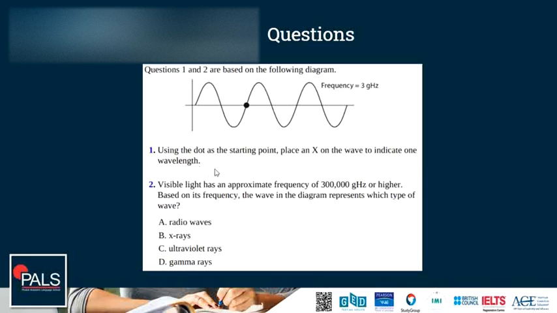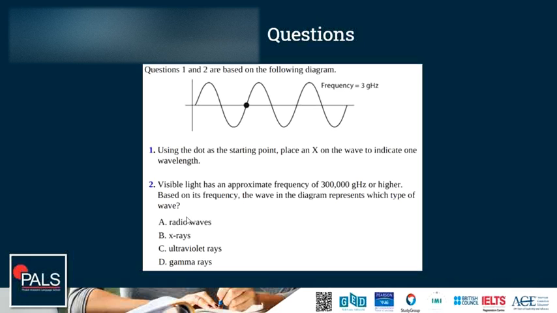Visible light has an approximate frequency of 300,000 GHz or higher. Based on its frequency, the wave in the diagram represents which type of wave? You can pause the video if you want to think about the answer.